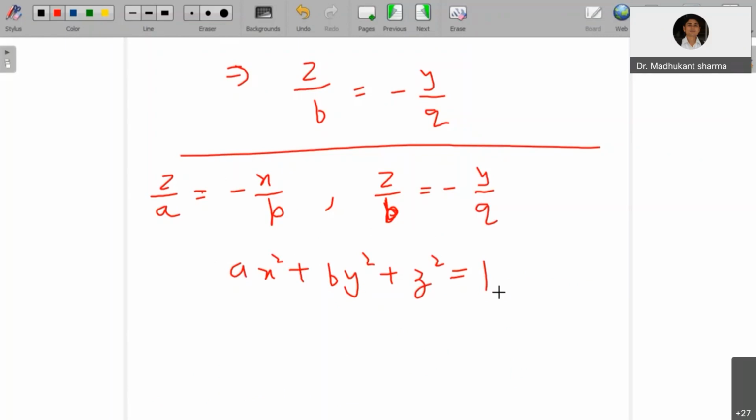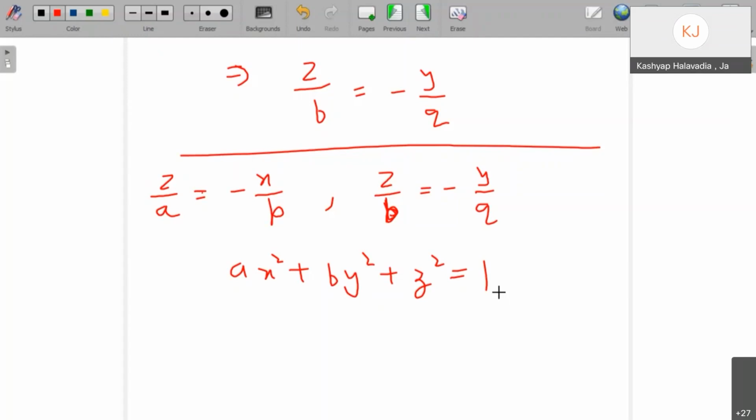How to eliminate them? There are three equations. You have to eliminate a and b. It's very simple. We can take a's value from the first, b's value from the second, and put it in the third.